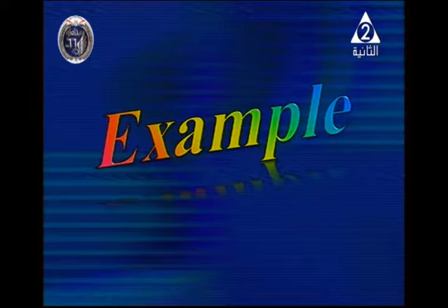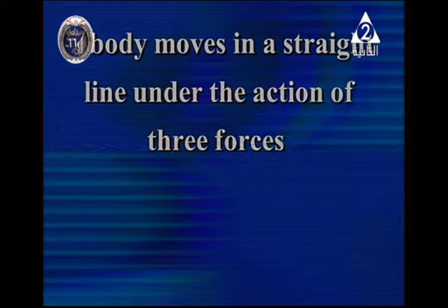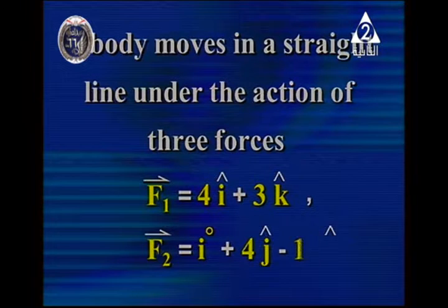Look at, dear student, another example. A body moves in a straight line under the action of 3 forces. The first force, F1, is 4i plus 3k. F2 is i plus 4j minus 15k.